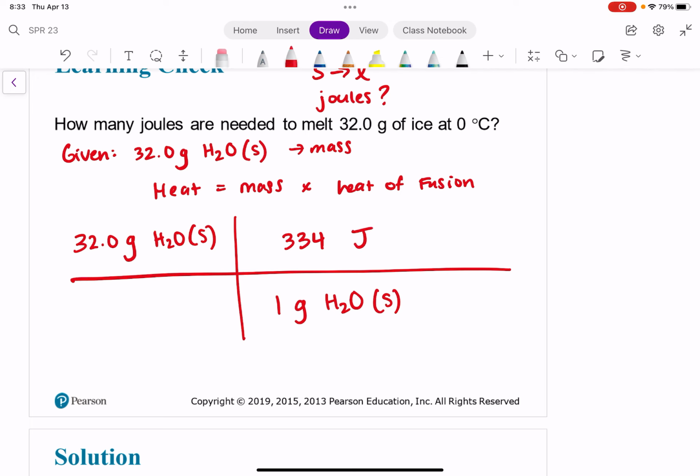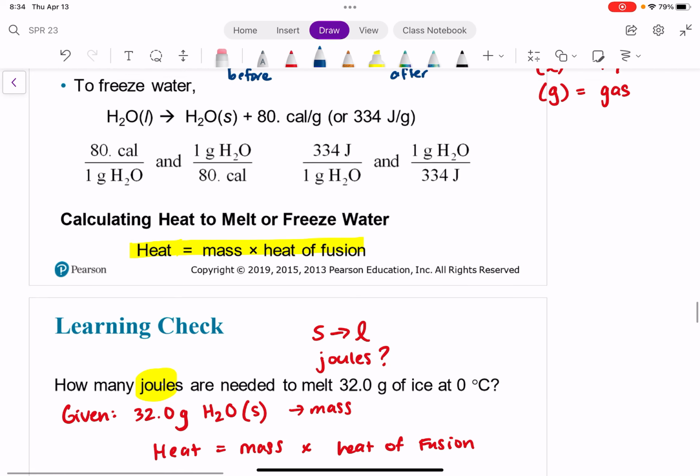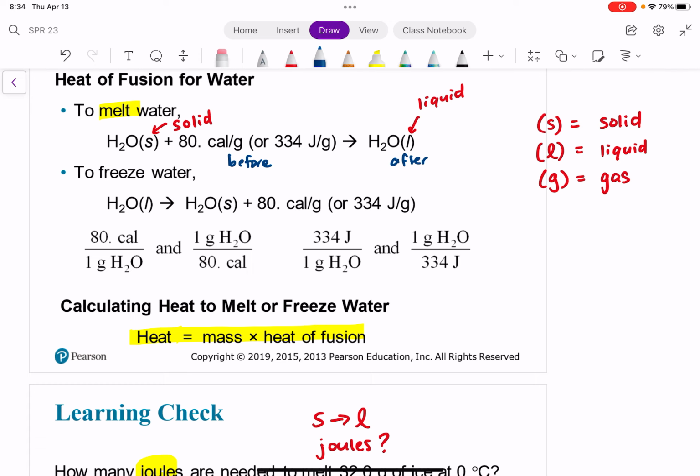Okay, and that's what we wanted to get to, right? We wanted to figure out how many joules were needed. So let's go ahead and cross out our grams of water, right? How did I know this number was 1? Because down here there's that imaginary 1 in that heat of fusion. You could also see it here, and here.